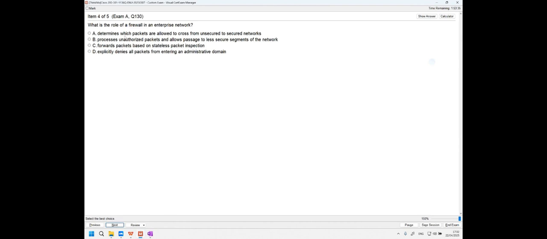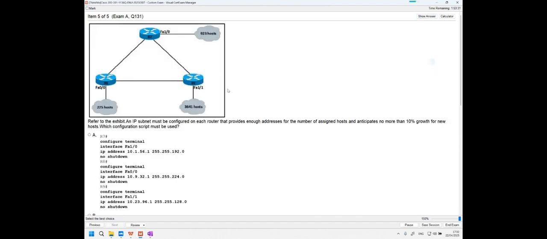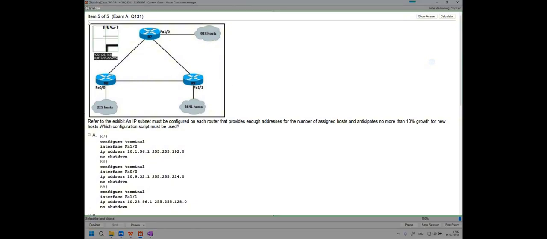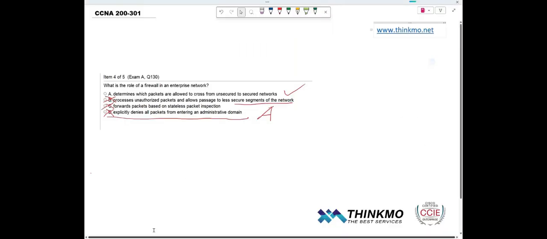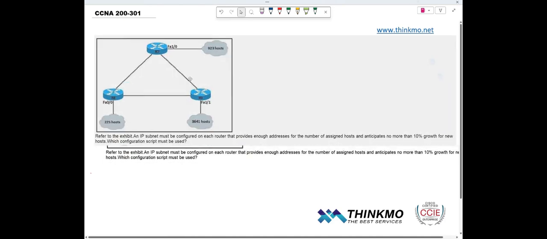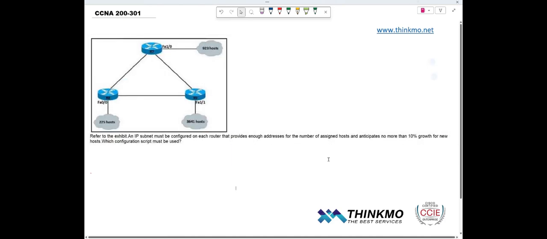Let's look at the correct answer. Choose A. All right, then the topic of the fifth question. It's a bit long, so we'll extract the question. This question says, refer to this diagram.